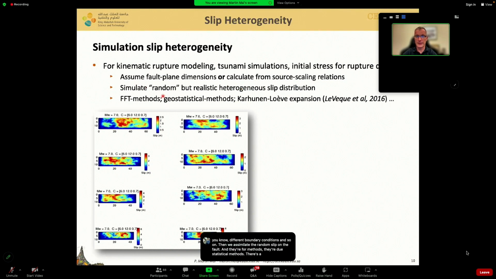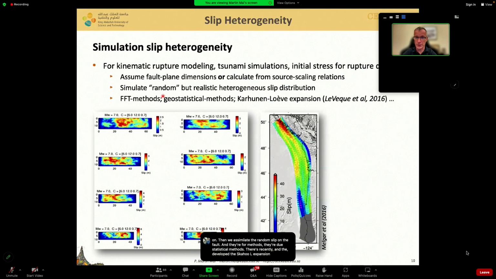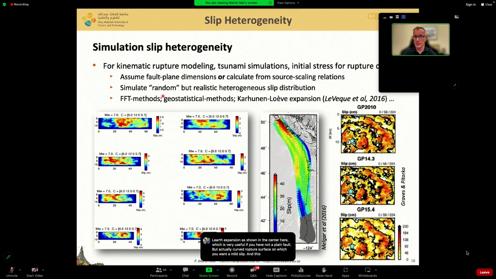Recently Levesque et al. developed this Karhunen-Loève expansion, as shown in the center here, which is very useful if you do not have a planar fault, but actually a curved rupture surface on which you want to model slip. And this was also used by Graves and Pitarka in their work, as shown on the right, and we will see much more of this, I think, during the next 2 days.